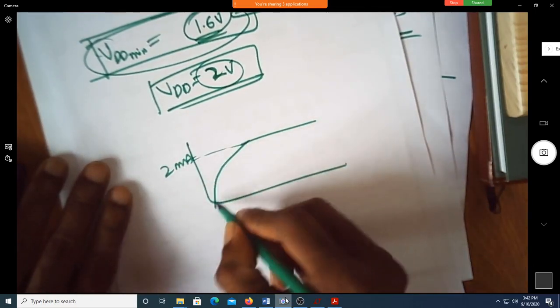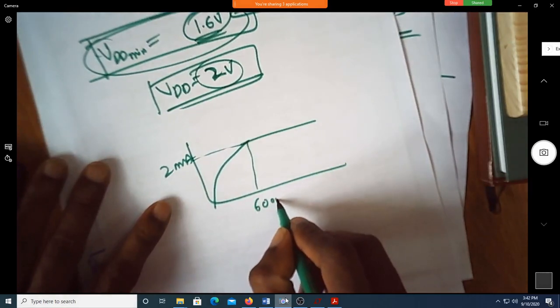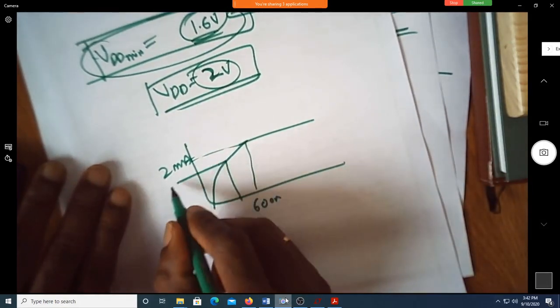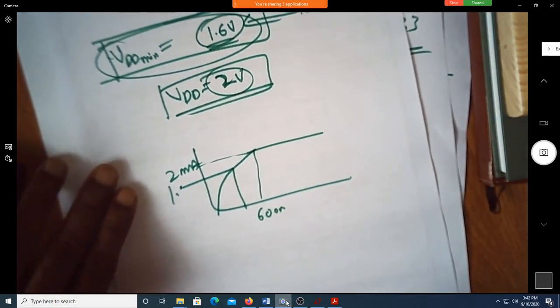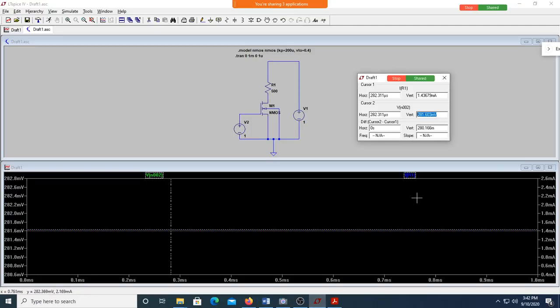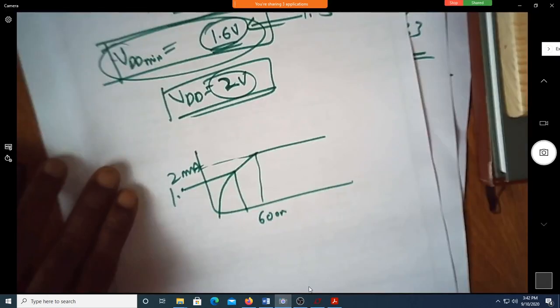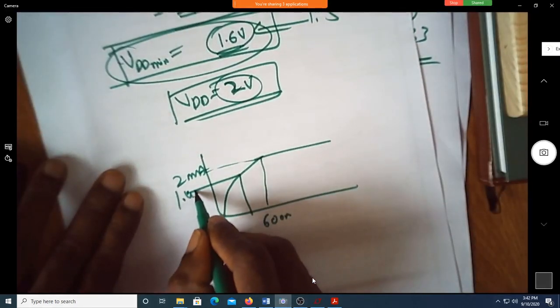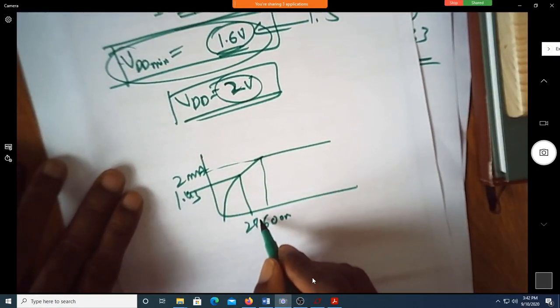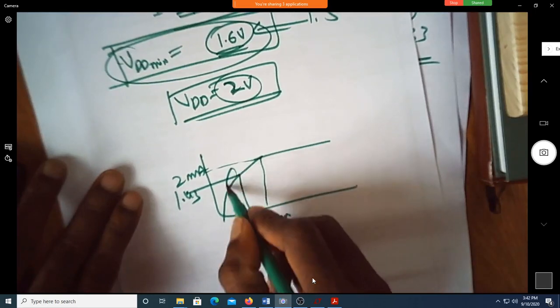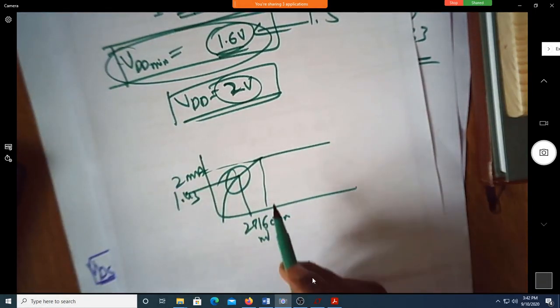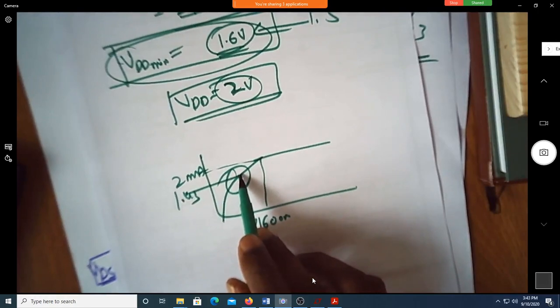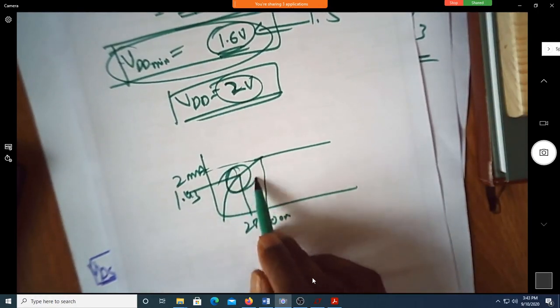Since it is operating somewhere here, with 600 millivolt being the minimum required, the current is 1.43, and VDS is around 280 some millivolt. You can see this operates in which region? Linear.